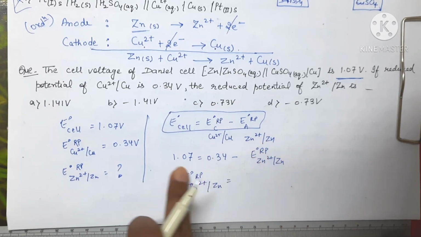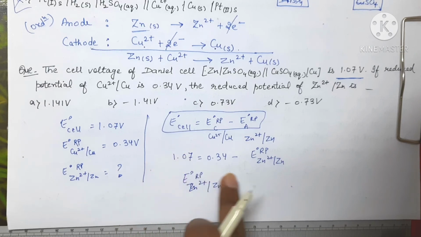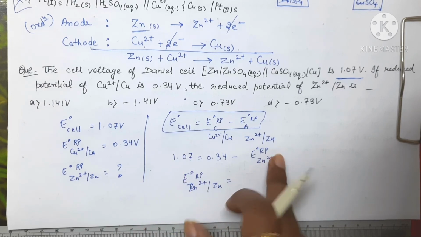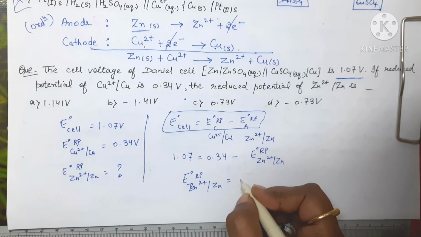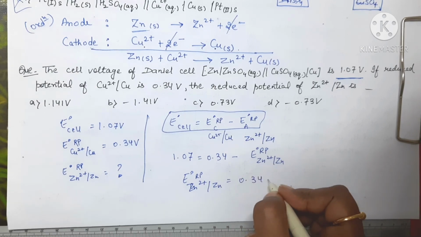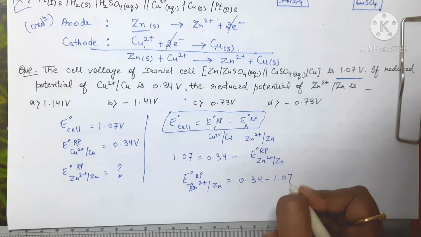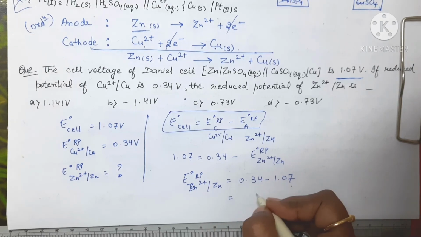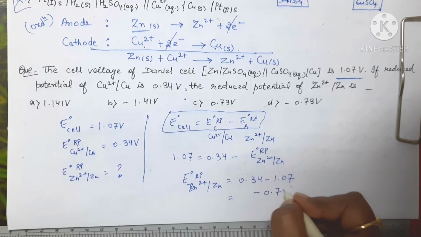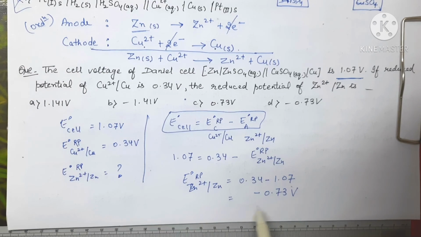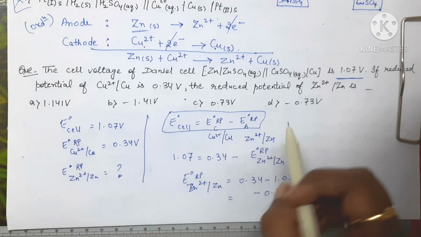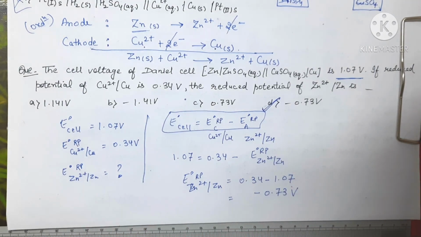I will take it to the left hand side and 1.07 to the right hand side. So what we'll be getting is 0.34 minus 1.07. So that will come out to be minus 0.73 volt. This is the reduction potential for Zn2+ to Zn. So the correct option is option D.